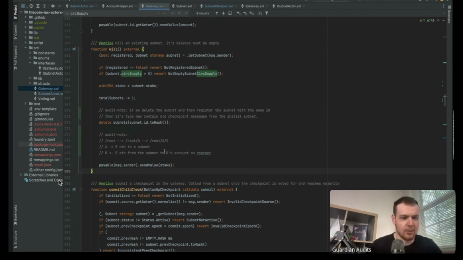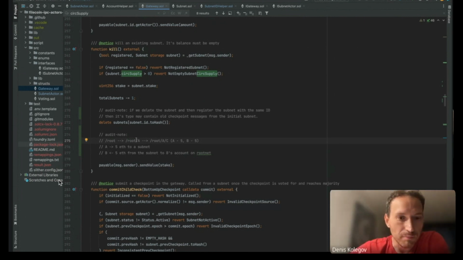Then Bob is on A. He sends 5 A native tokens to the gateway on A, and then he sends those down to C. So now Bob has 5 native tokens on C. Alice also has 5 native tokens on C. Then could Bob send those 5 C tokens back and fund the root, and take out 5 ether? Is that something that's possible?